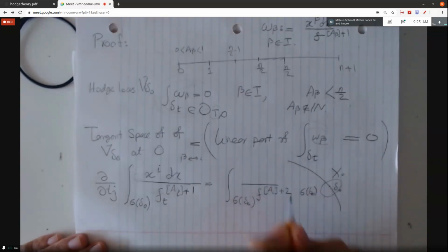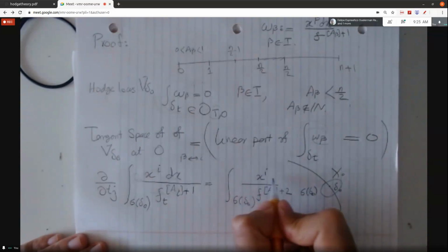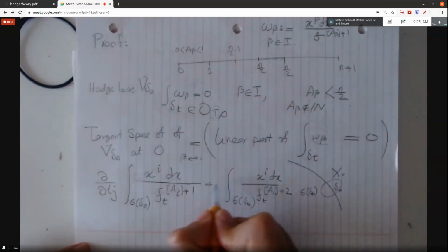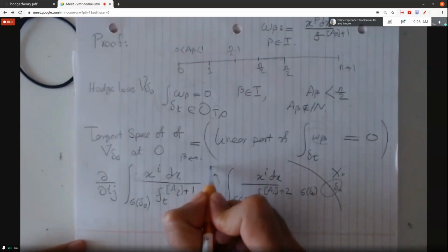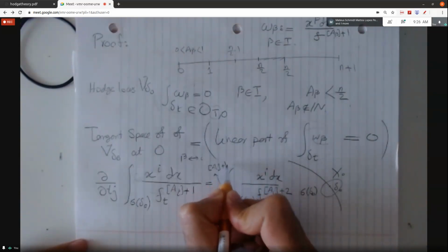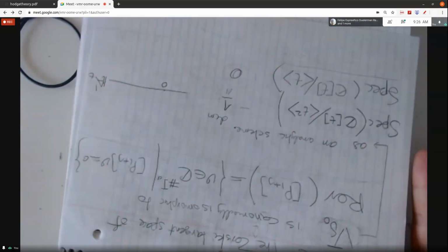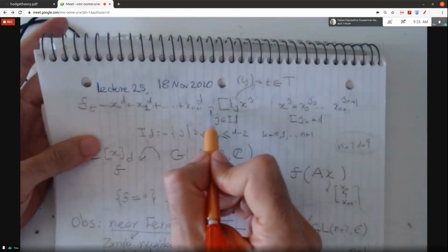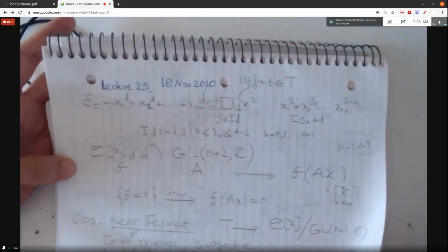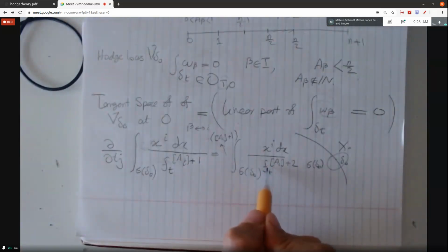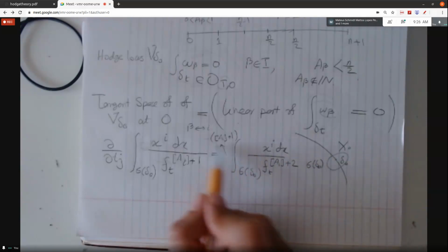I plus 2, and then xi dxi, and f, and then here there will be a number, which is I plus 1. Maybe in order to see that there is no negative sign: I have taken my perturbation with negative sign here, and that's why when I make this derivation of the fraction, there will be a negative sign.